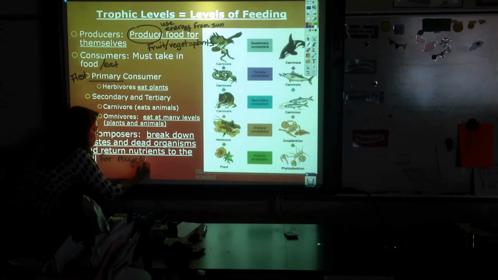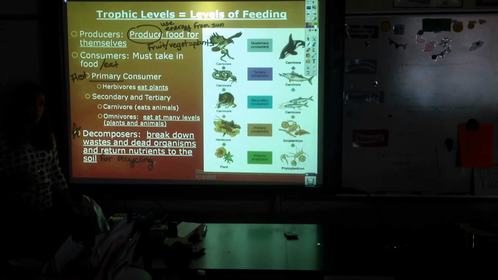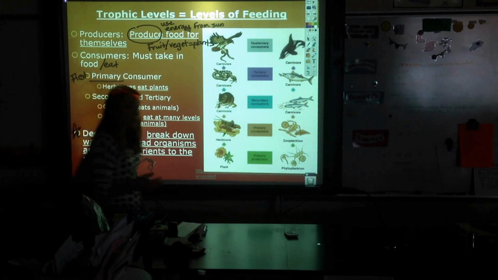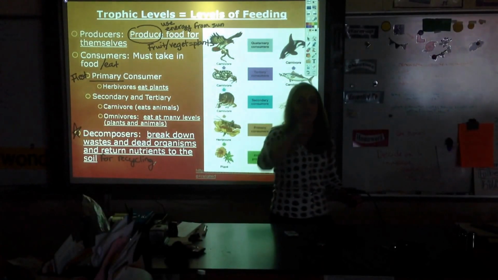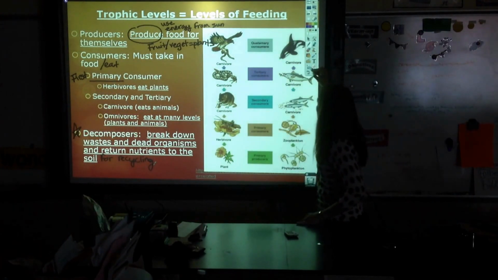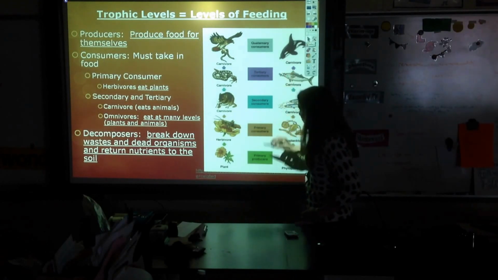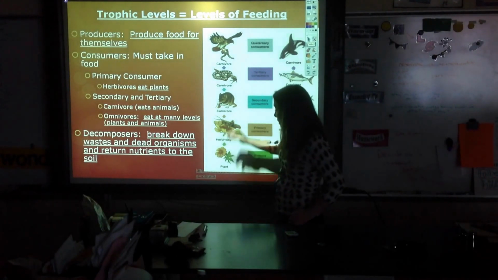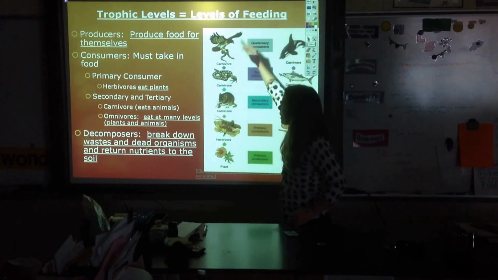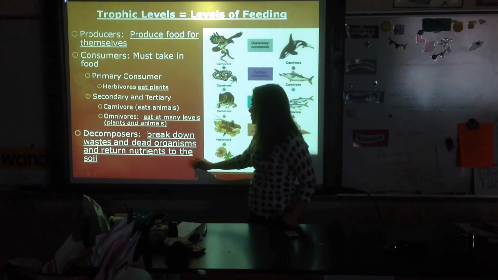We're going to talk in the next section about what's called the carbon cycle, the nitrogen cycle, the water cycle, and look at how things cycle. But in this section, we're looking at how energy is transferred. Energy is transferred from the sun to the plant, and then all the way up what we would call a food chain.